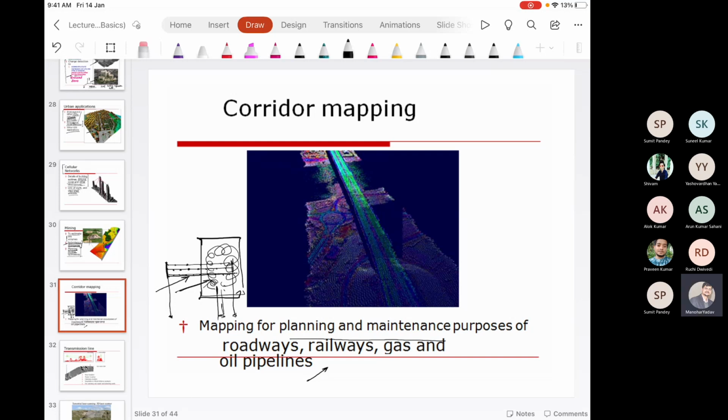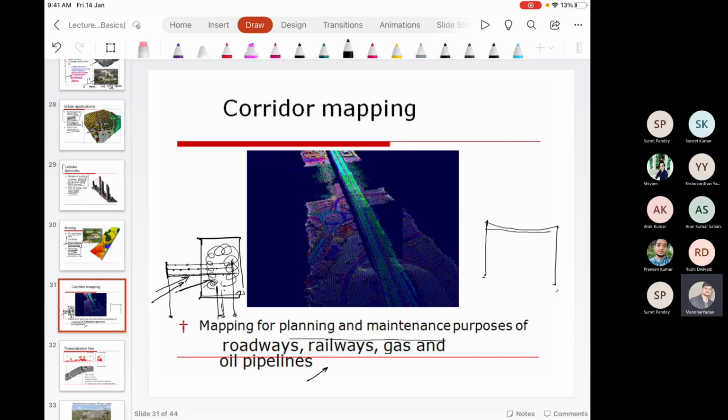So once you have power line corridor mapping data, this can be done. In this context, you frequently notice that between two electric poles, after a certain period, there is a sagging effect in the wire. The wire sags, and what happens?